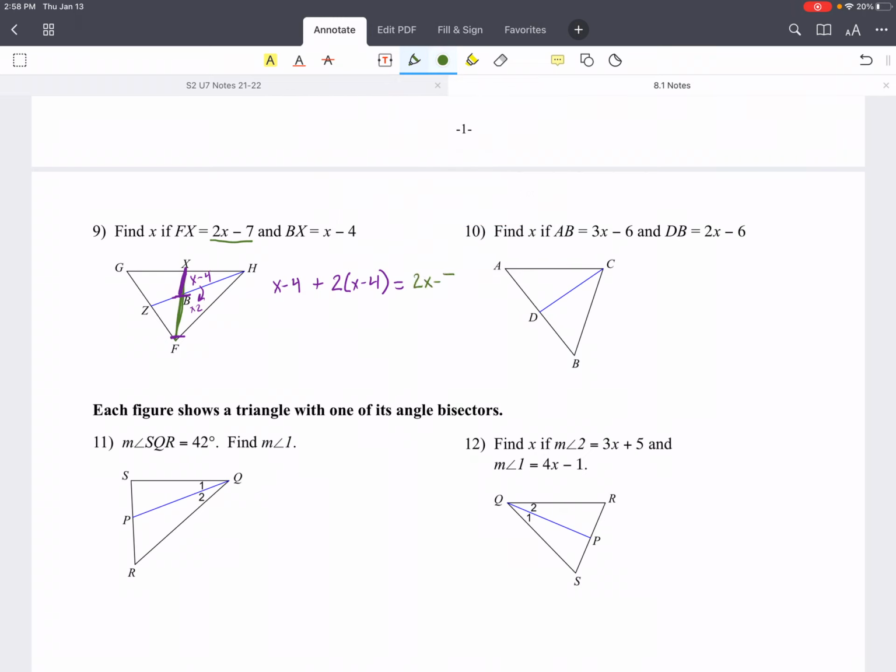So the full thing equals 2x minus 7. So it's really 3 times that small length, but you know, we'll still go with it. So 3x minus 12 equals 2x minus 7. X equals 5.